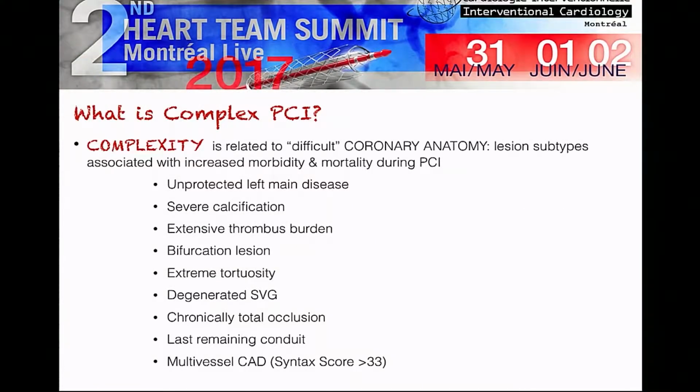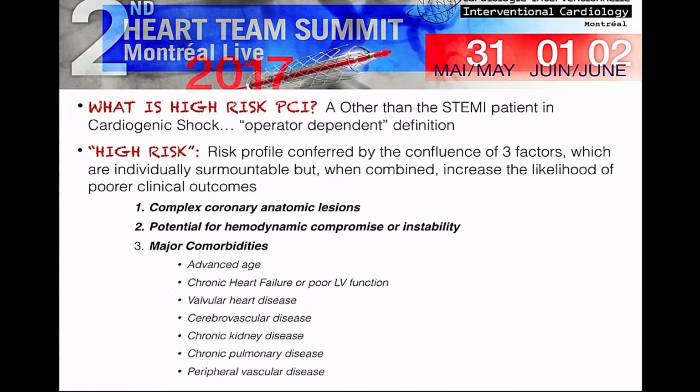What is complex PCI? Complexity is related to difficult coronary anatomy, with many different subtypes associated with increased mortality and morbidity during PCI: unprotected left main, severe calcification, extensive thrombus burden, bifurcation, extreme tortuosity, degenerated graft, CTOs, last remaining conduits, multi-vessel disease with high SYNTAX scores.